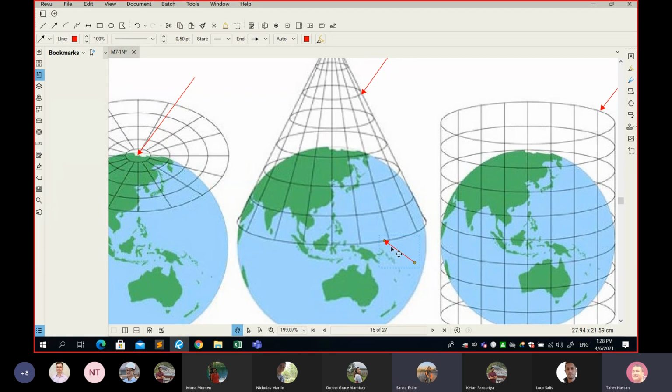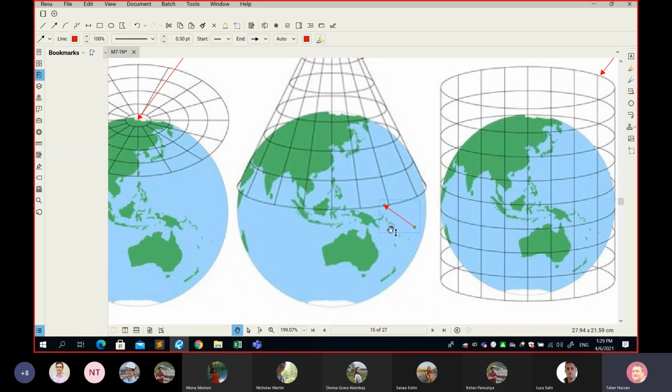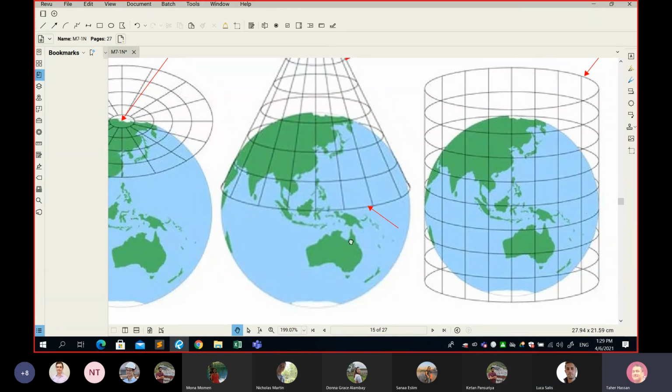Again, this circle is where the cone touches the ellipsoid, so it is common to both the ellipsoid and the cone. Along this parallel of latitude, do we have any distortion? No, there is no distortion here, and k is equal to 1.